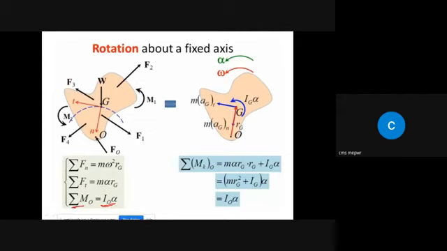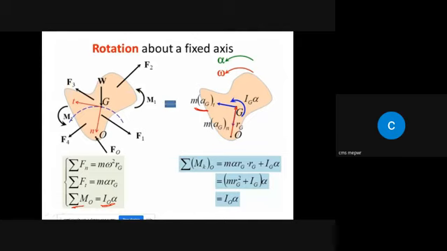What is Io? Let's see it. So the kinetic moment about point O, summation of kinetic moment about point O, should be equal to MAGT multiplied by this RG.